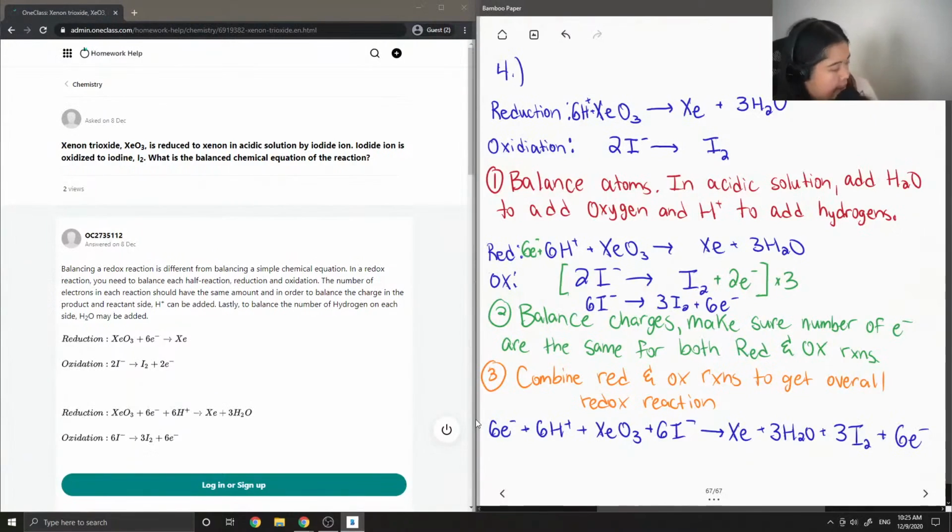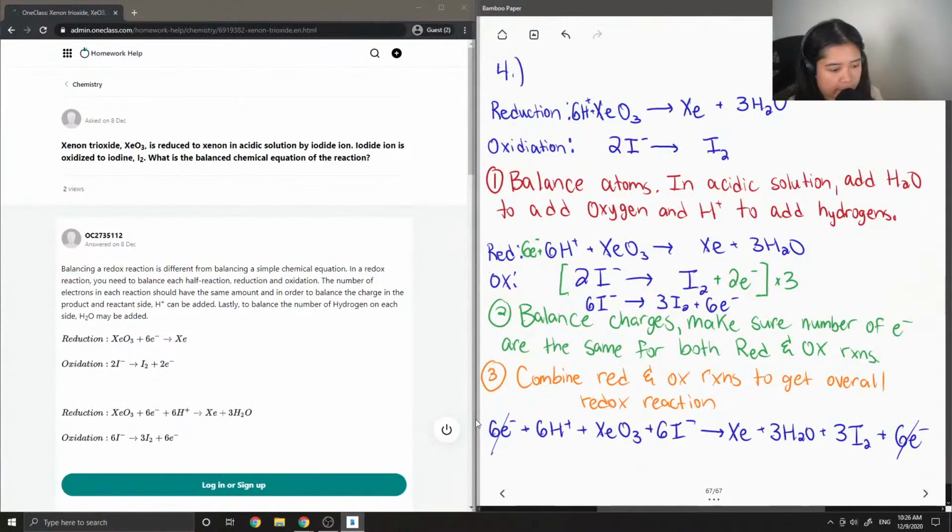Okay, so now we just want to cancel out the electrons from both sides since they are the same. And then let's also double check that everything is balanced. We have 6 hydrogens on both sides, 1 xenon, 3 oxygens, and 3 iodines.